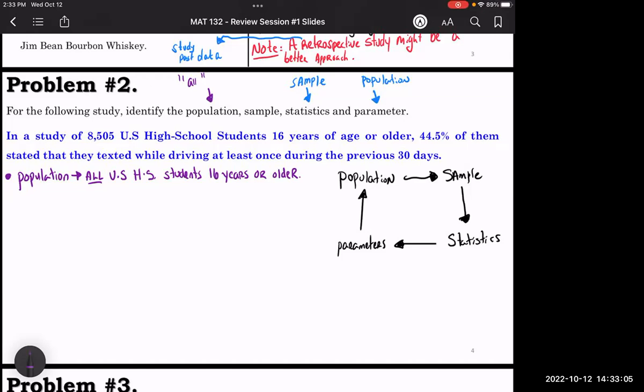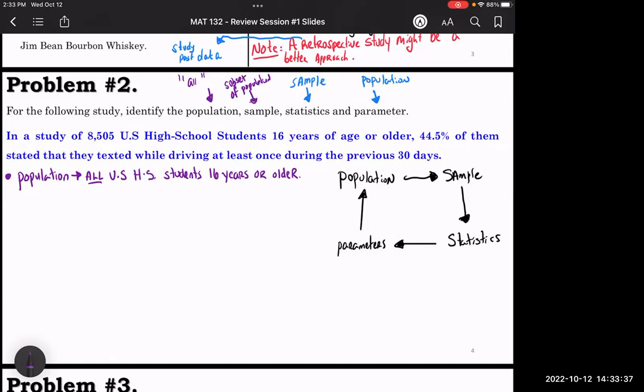What about our sample now? 45% of them stated they texted, right? Unfortunately, no, that's not going to be it. We want our sample. The 8,505, right? The sample is a subset of the population.